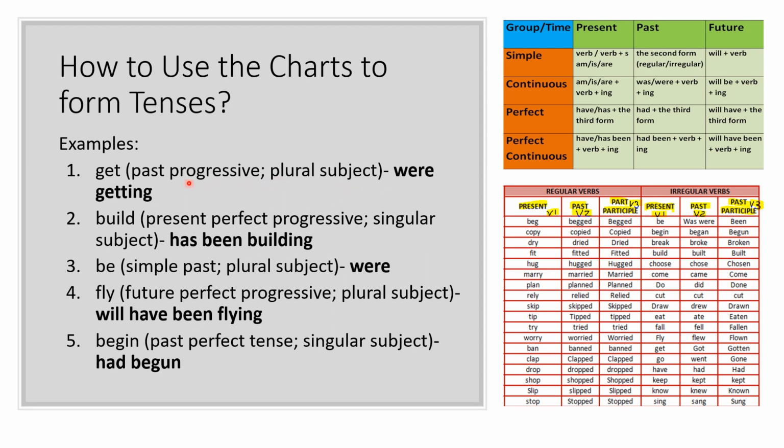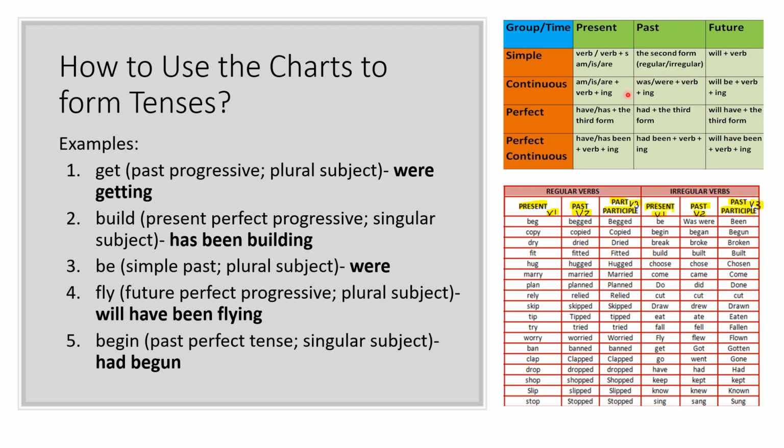So how do we do it? How do we formulate the past progressive form of get? First, we look at the formula here in this chart. Past progressive. Remember that progressive is the same as continuous. So past continuous or past progressive.